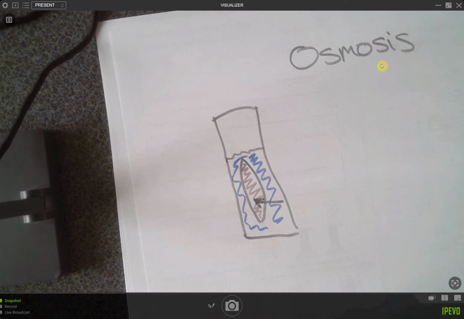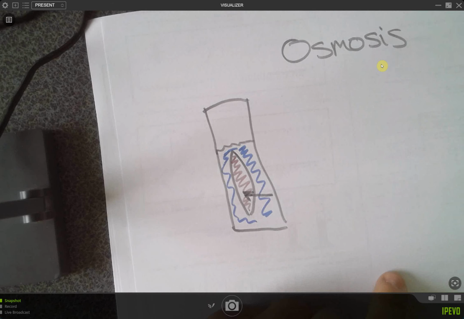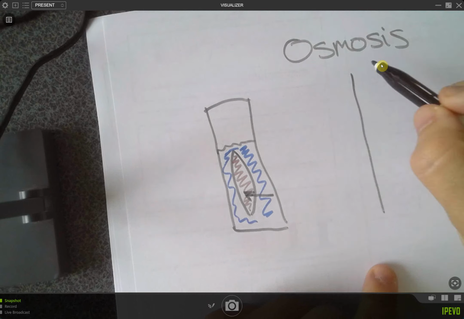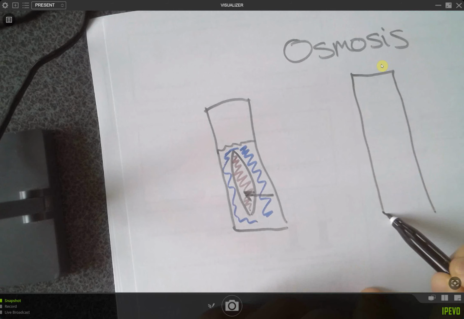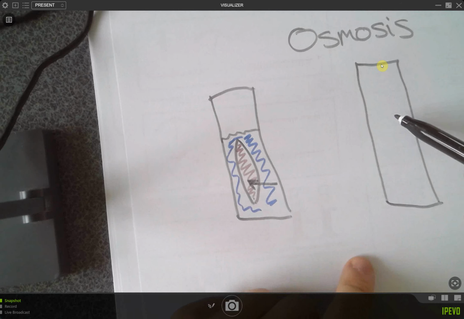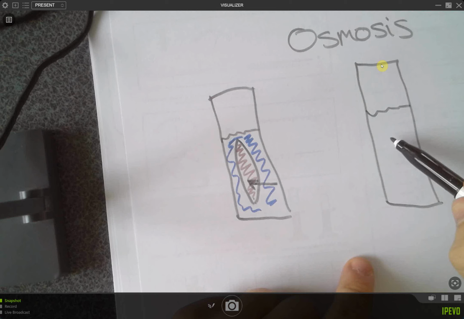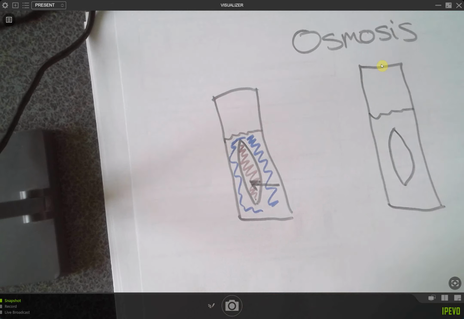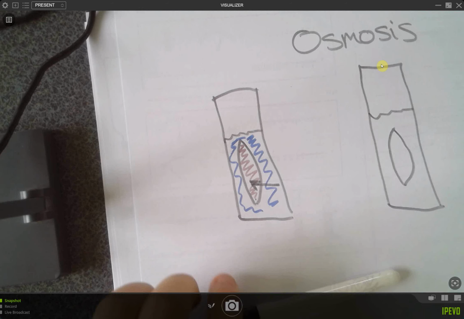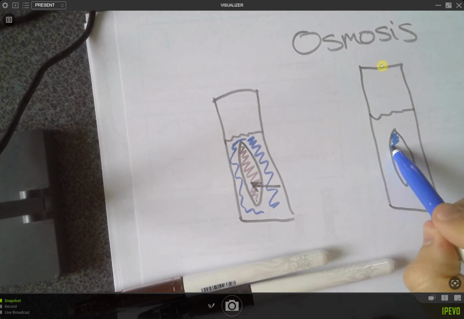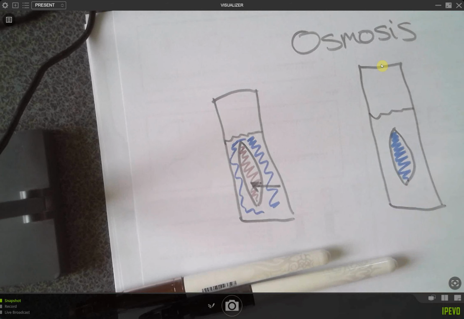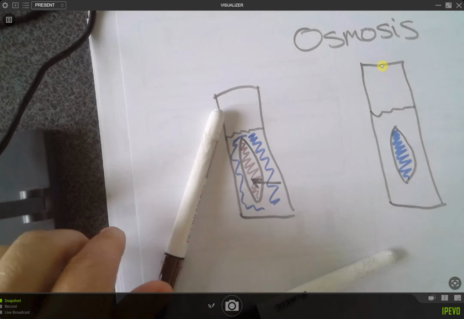And then you can also do it, we did it the opposite way as well. So you had the other one where you had your bag full of water. And then on the outside was the sugar solution.